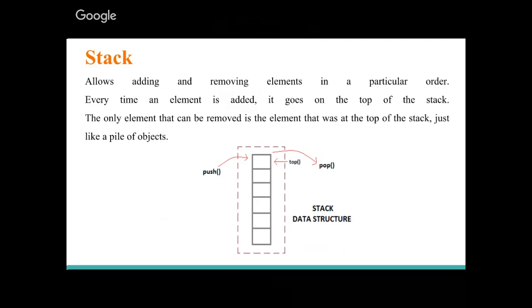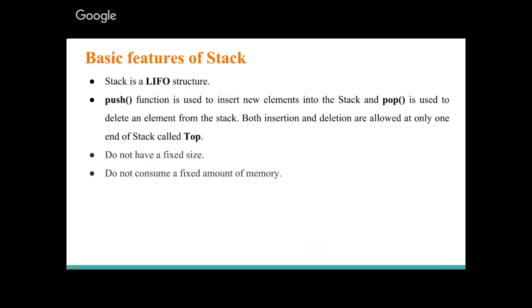So, the basic features of a stack. It's a last in first out structure, as we saw. An element that is added last will be removed first. The operations insertion and deletion are referred to as push and pop. Insertion is called push and deletion is called pop. A stack doesn't have a fixed size and it doesn't consume a fixed amount of memory.